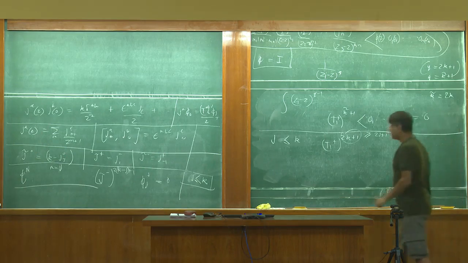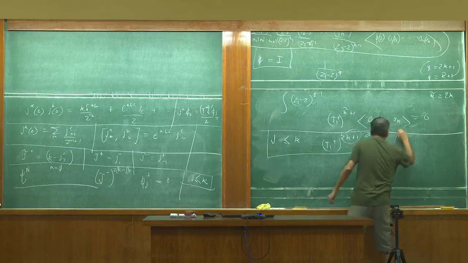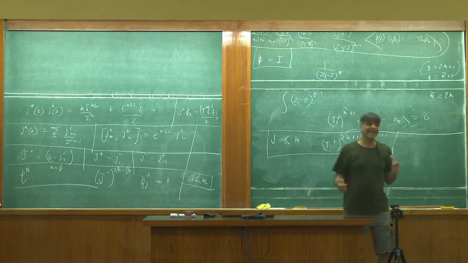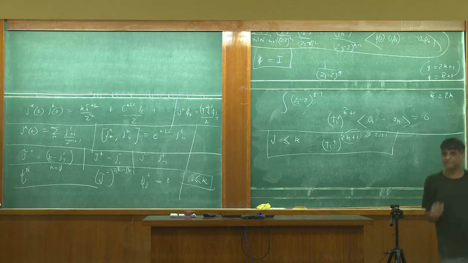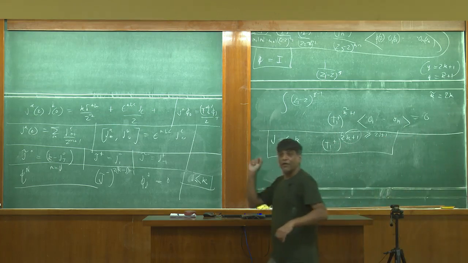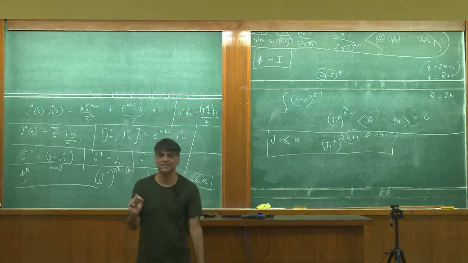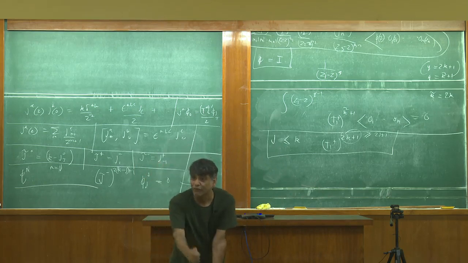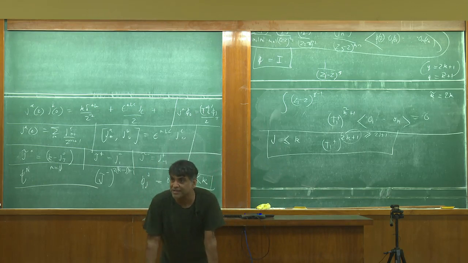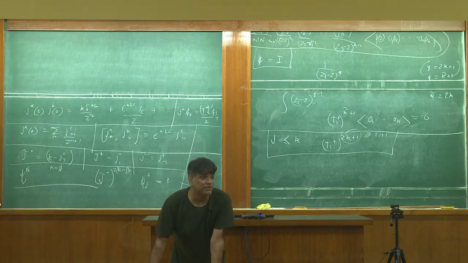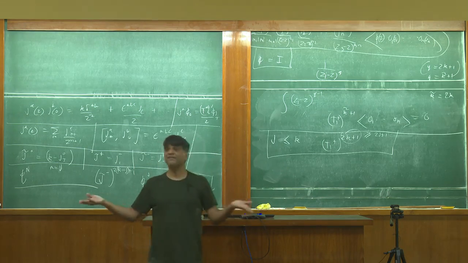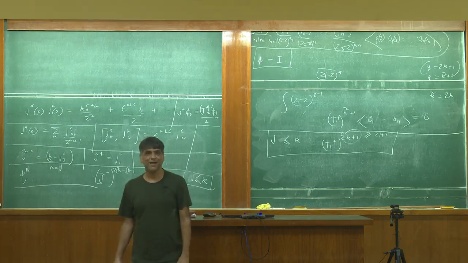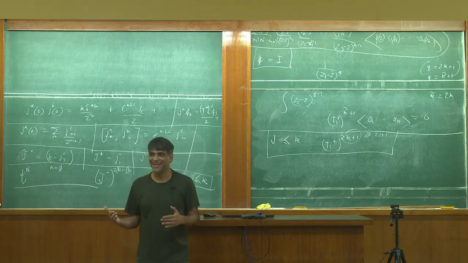So what we've concluded is really quite remarkable. If the theory is non-unitary, then the correlation functions with even one insertion of one of these non-unitary operators, with J greater than or equal to K, automatically vanish. Is this clear?